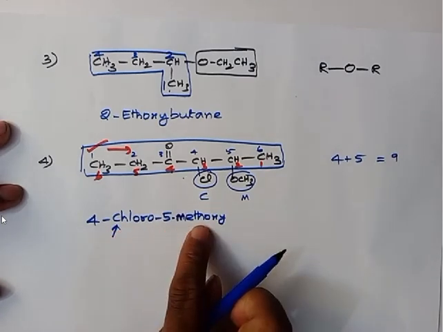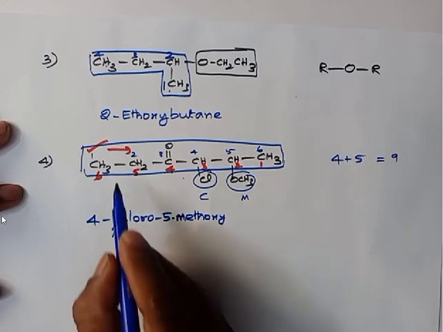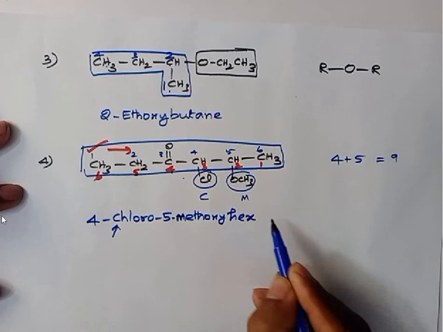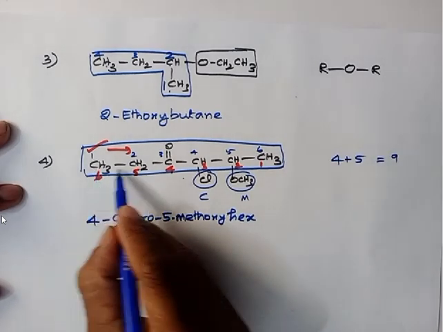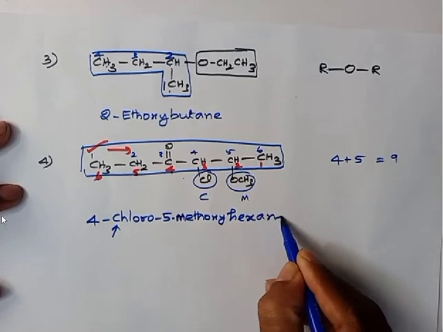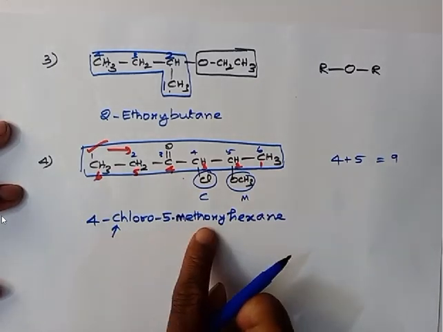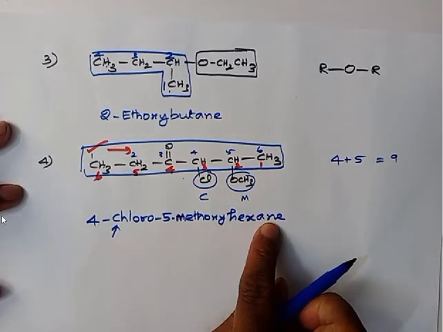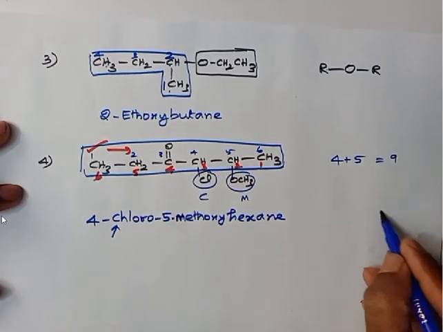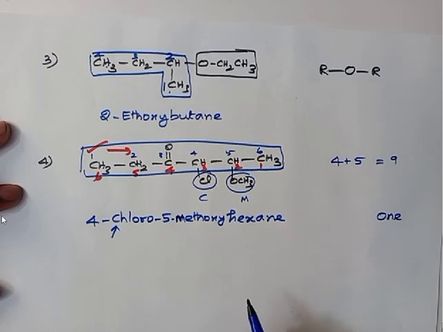4-chloro, 5-methoxy. Then the parent chain contains 6 carbons, so the root word is hex. And in the parent chain, between carbons we have only single bonds, therefore ane. 4-chloro, 5-methoxy, hexane. The functional group is ketone, so the suffix should be -one.